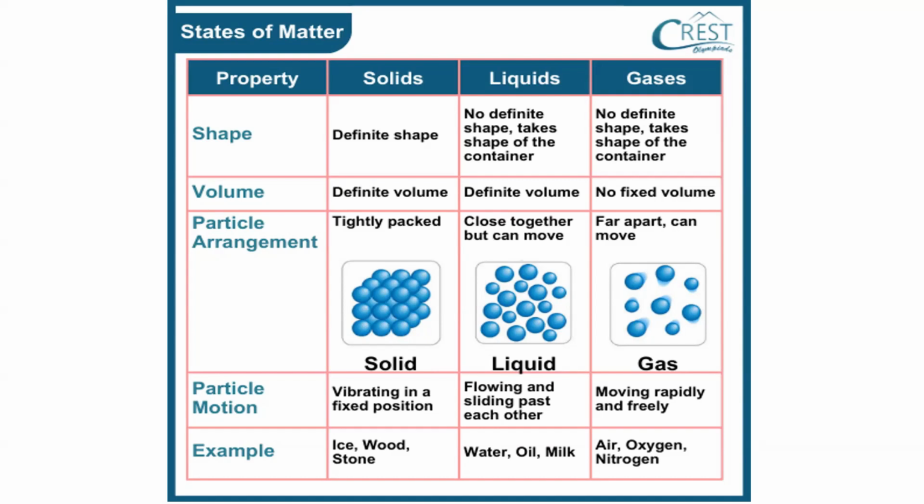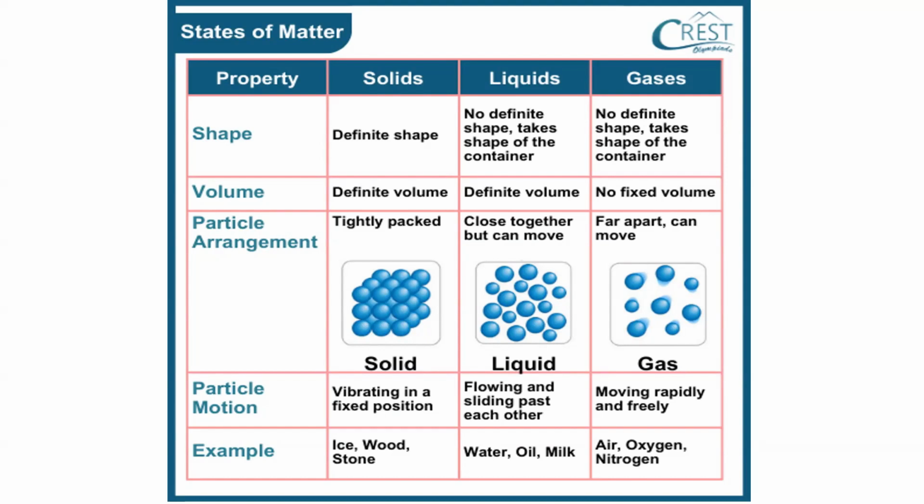So I think we need to understand this. In the case of solids, particles are tightly packed together, so their movement will be very difficult. That is why solid particles have the least kinetic energy, followed by the liquid particles, and the one with the highest kinetic energy is the gaseous molecule.